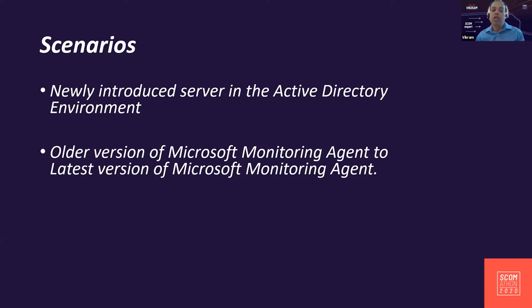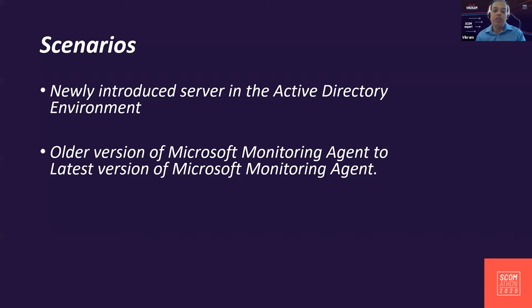Coming to the first point, when I'm talking about the newly introduced server in the Active Directory, what I mean to say is, let's say a scenario where you have introduced a few machines, or in specific a few servers, into your environment. Just for example, a SQL server. Until and unless the SQL admins tell you, it might be possible that those machines might not get monitored.